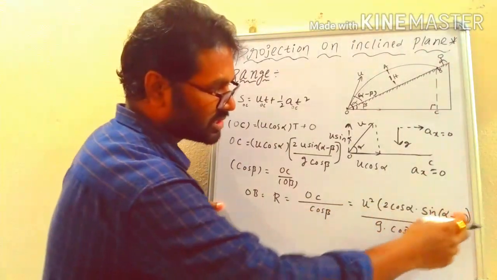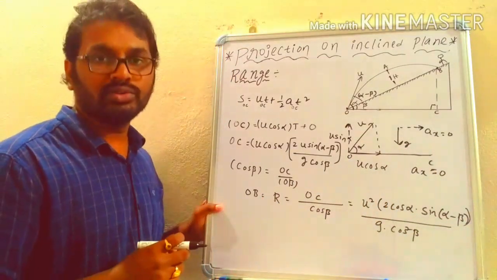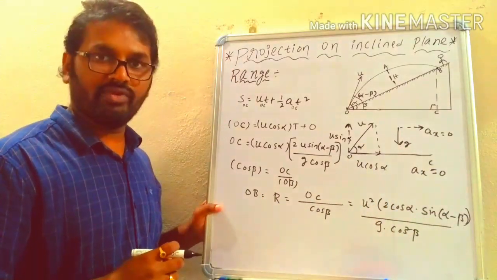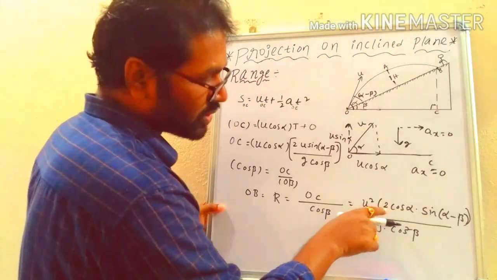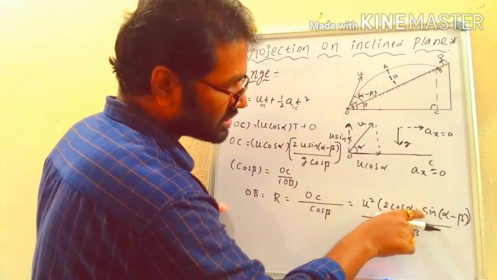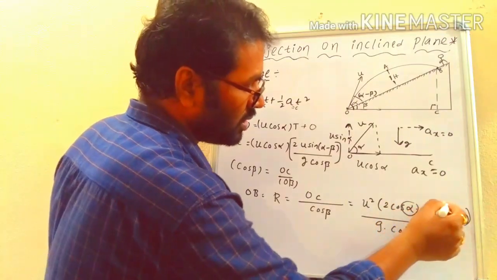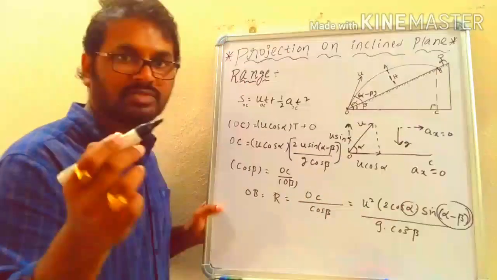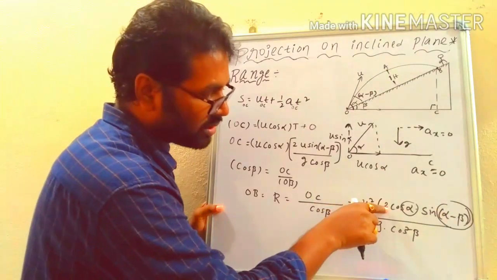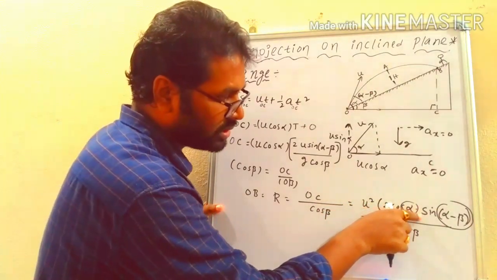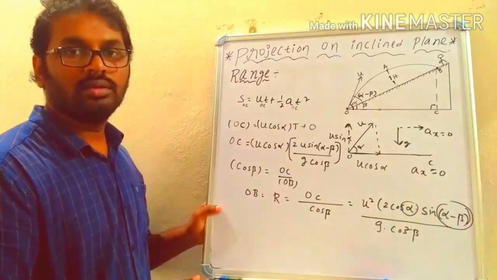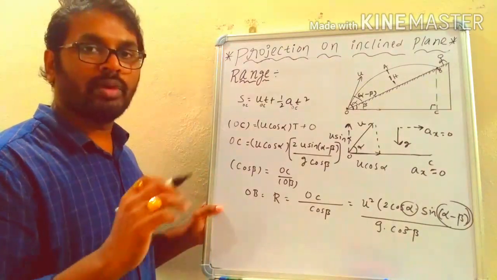We can rearrange this expression by using some trigonometric equations. This you can see, 2 cos A sin B. I named alpha as A and alpha minus beta as B. We got here 2 into cos A into sin B. So how can we get this format?